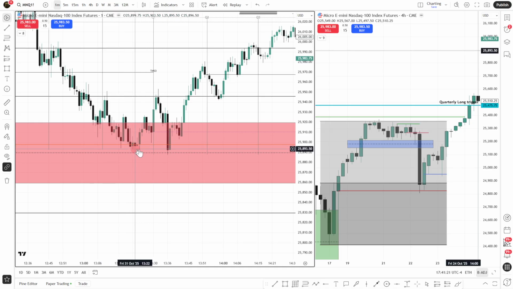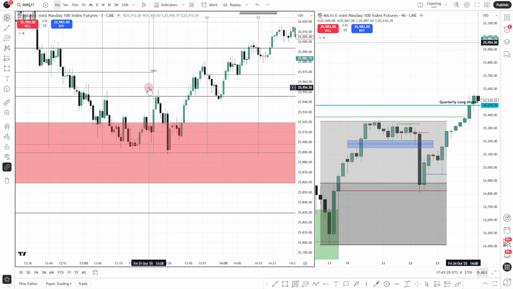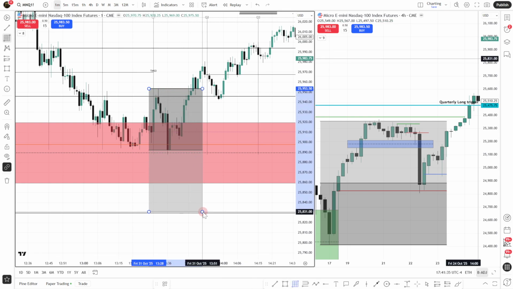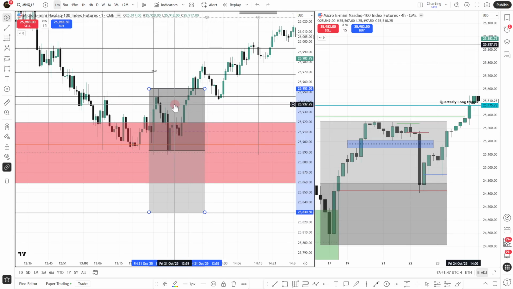And then this low that was put in should now be an area where I could basically put a gam box and be like, okay, well, that should be a premium entry for continued prices lower, right? So price would drive through here and then maybe tap up here and then go, right? Something similar to that.